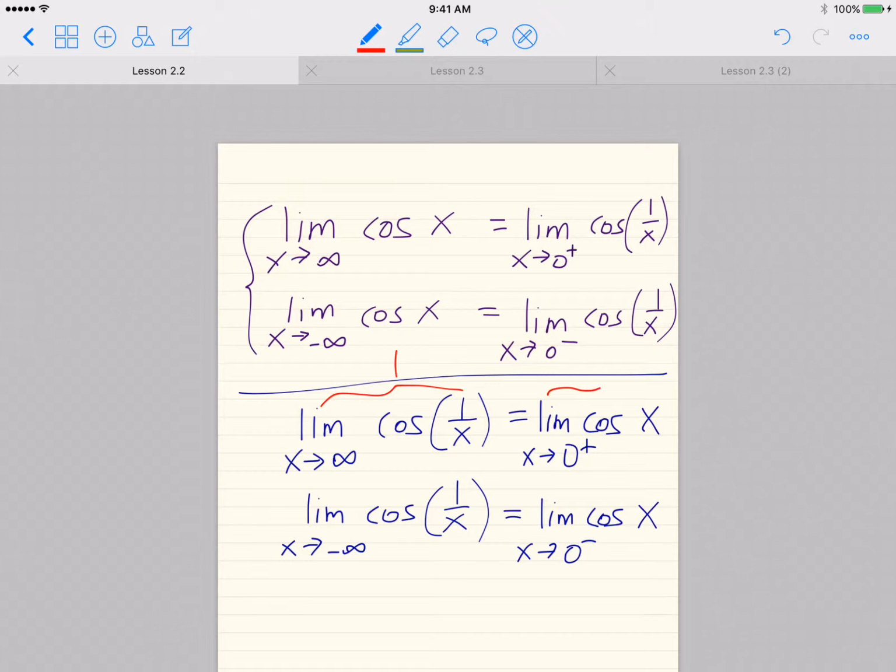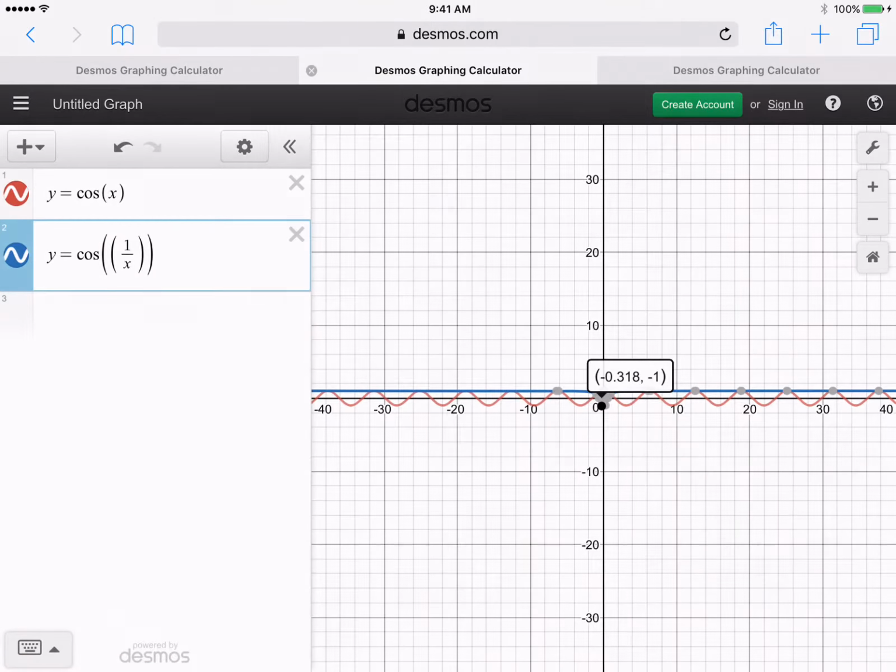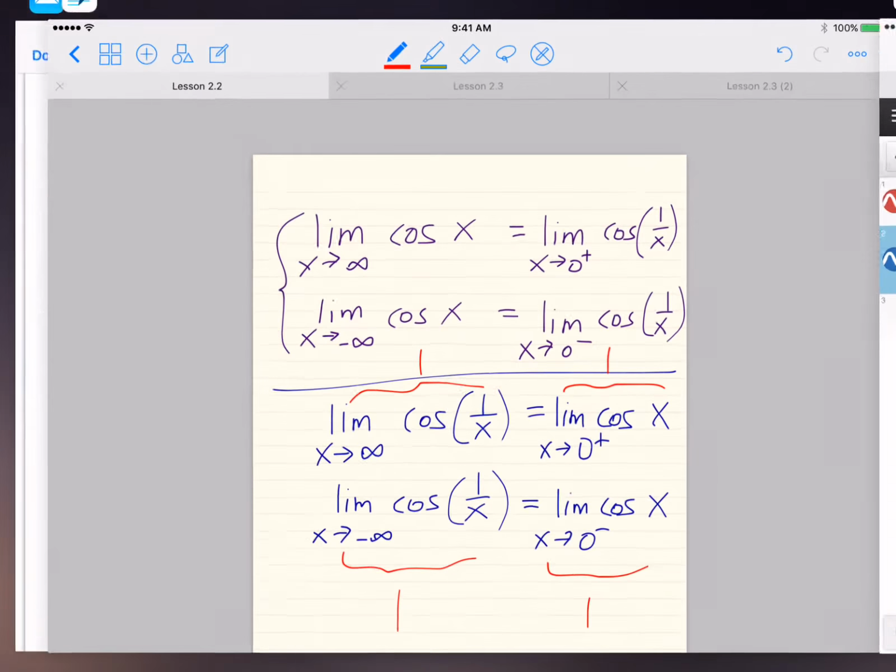And then also, cosine of x as x approaches 0 from the right side, we know that that's 1. You could even use direct substitution for that, or you could use the graph, or the values near 0 on the right side, so you can see that that matches. And then similarly for the second pair, it's also 1 from the left side as well. So you could use this idea to answer example 9.